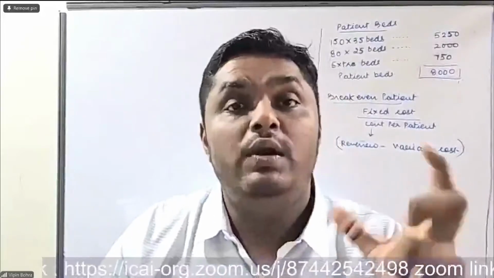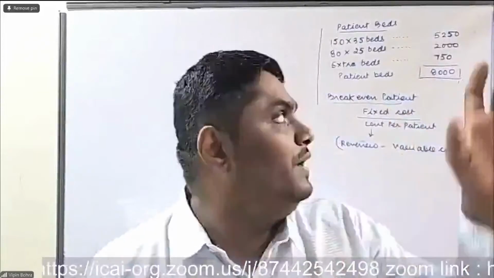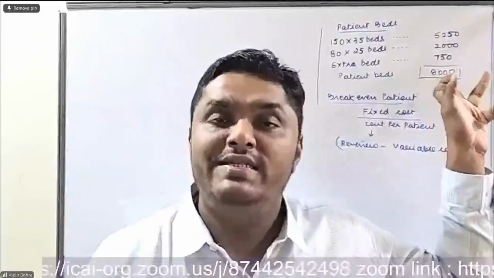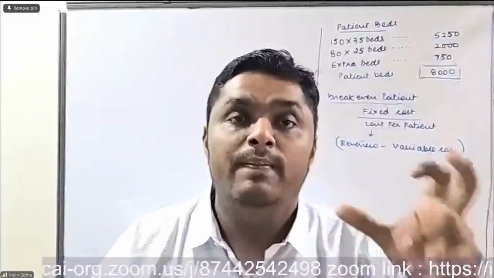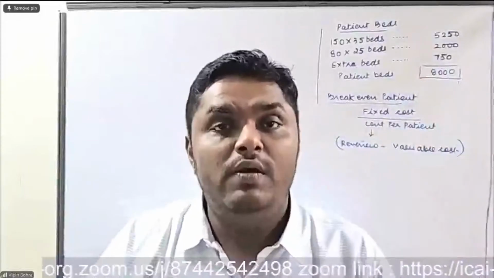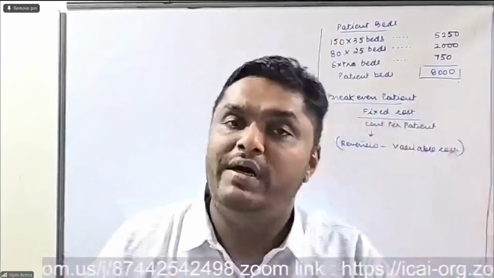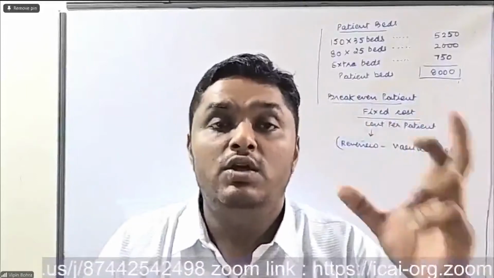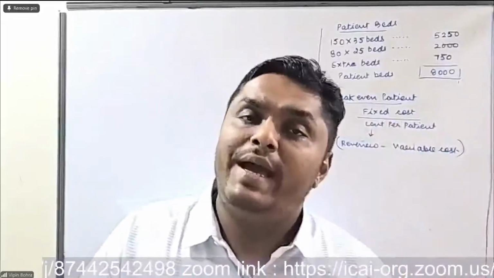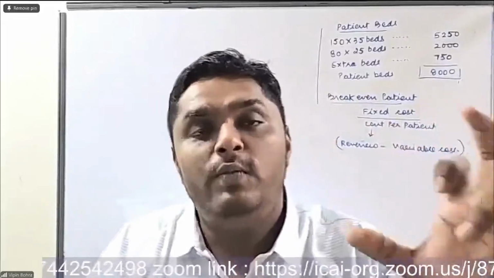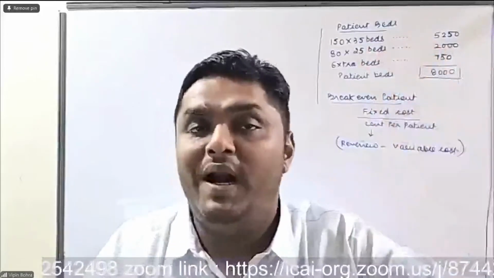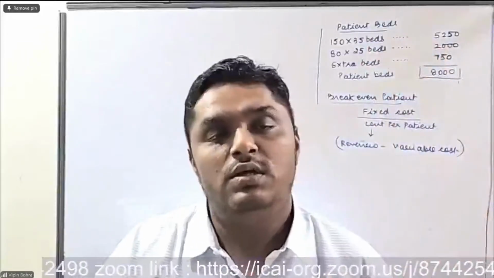So we need to calculate the sales, sorry, the revenue. Revenue we can easily calculate, that is 8,000 into the amount recovered. Thereafter we need the variable cost, so that we will be able to calculate the contribution. This part I have already discussed in marginal costing. So the point is, since we have to calculate the break-even point, we have to bifurcate the total cost into two parts, that is variable cost and fixed cost.